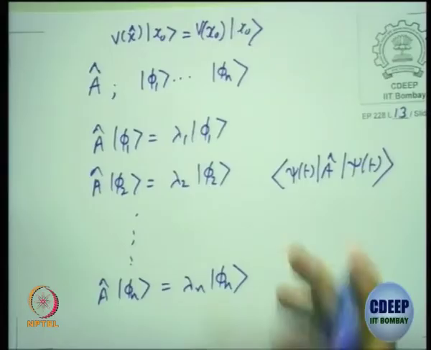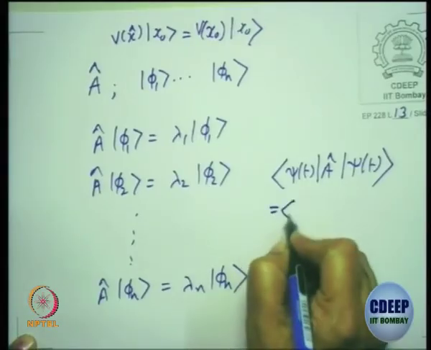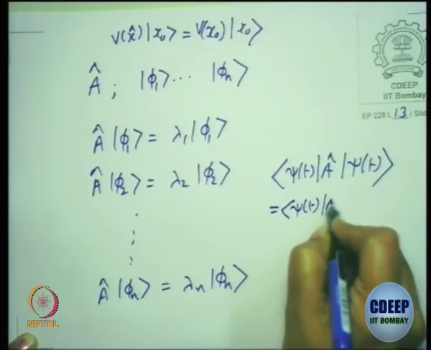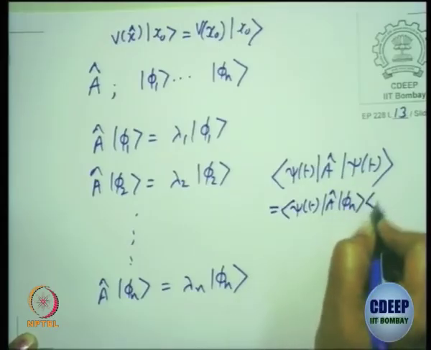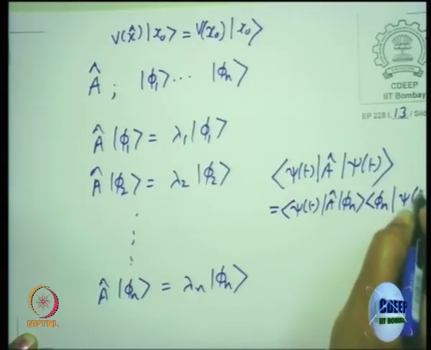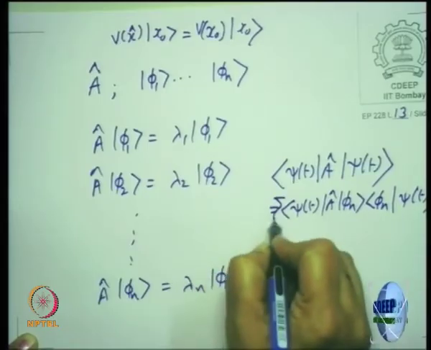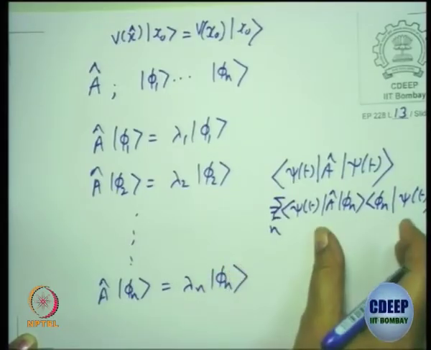So, what I am trying to say is, if I want to find this, I can write psi of t, A operator, phi n, phi n, psi of t, and summation over n. So, this is a complete set of states which I have introduced. Okay.